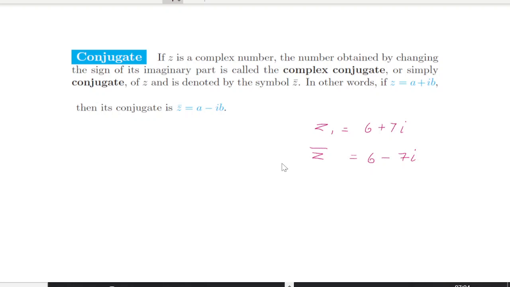The only difference is we are changing the sign of the imaginary part. So if z equal to a plus ib, then its conjugate z bar is defined as a minus ib in general.